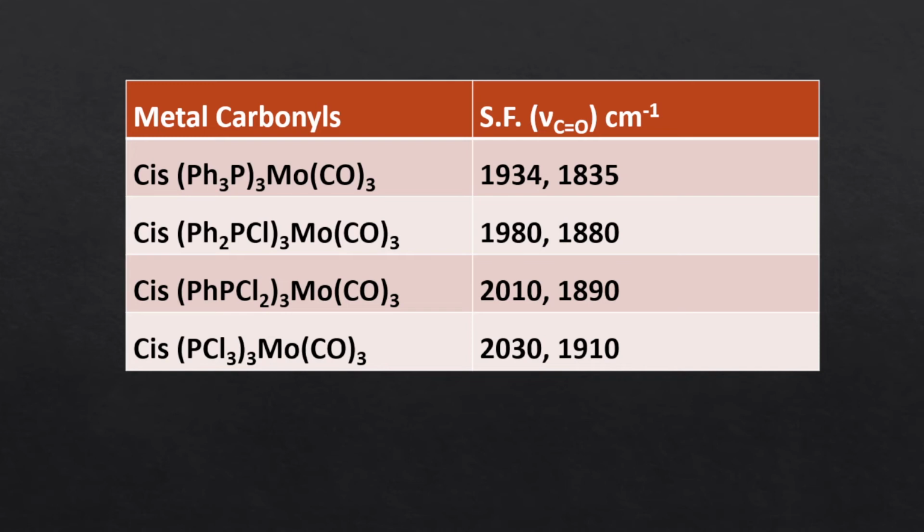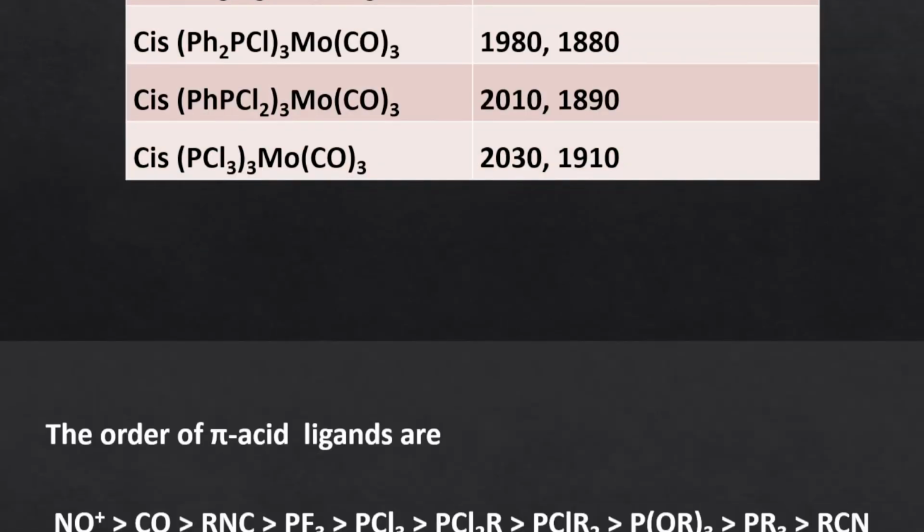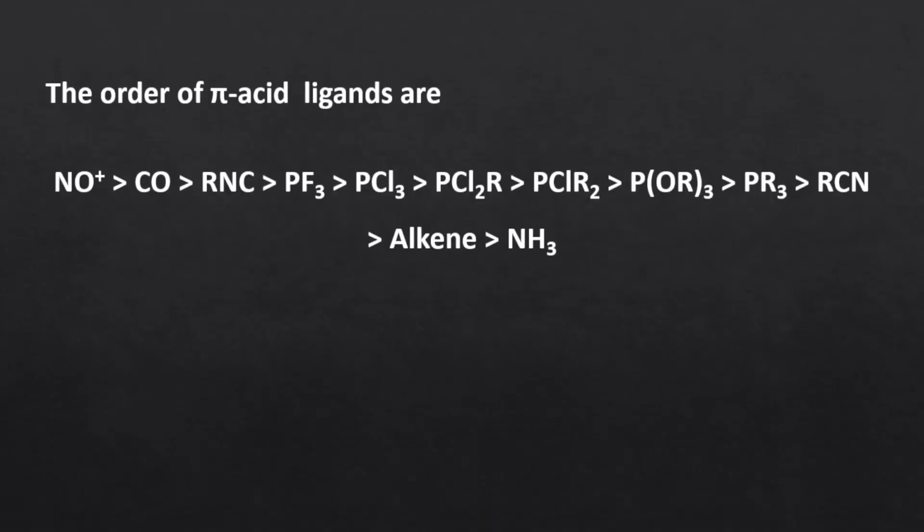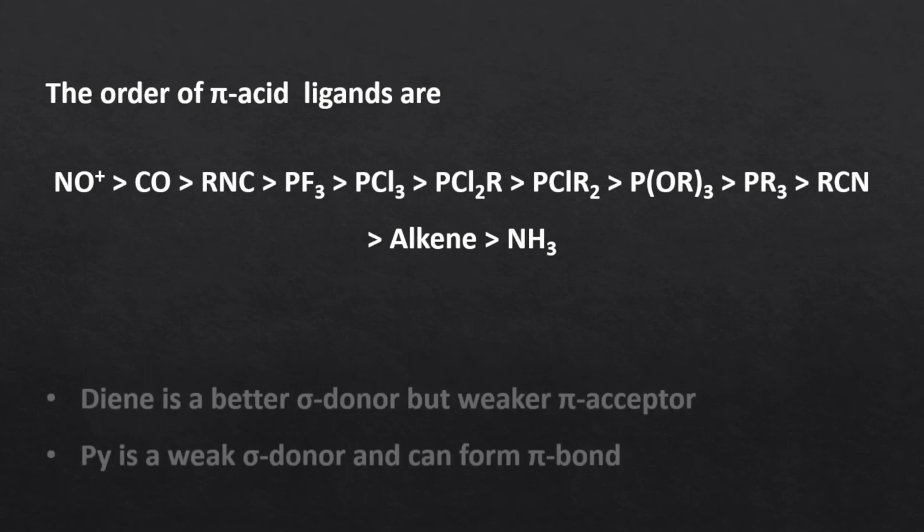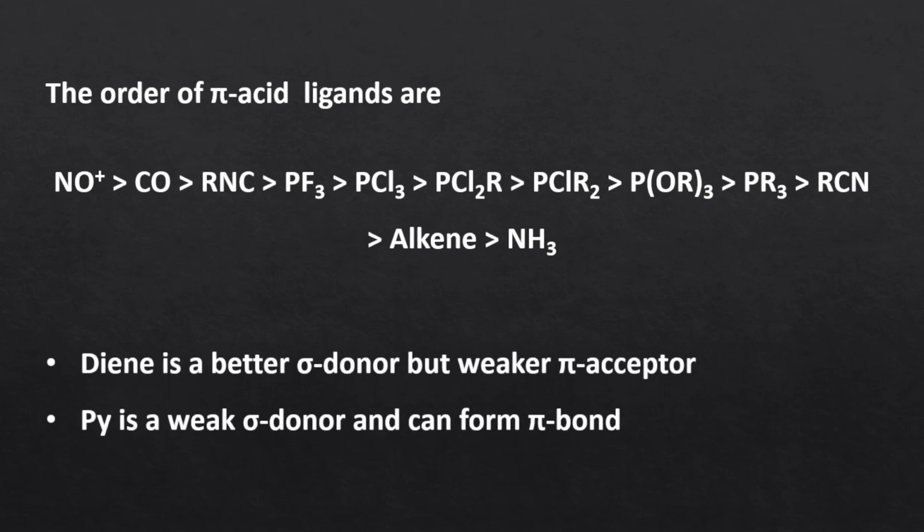Similarly, triphenylphosphine is a weaker pi acid ligand, so we observe the minimum stretching frequency of the carbon-oxygen bond in its complex. Based on the frequency of the carbon-oxygen bond in some complexes, the order of pi acid ligands with decreasing pi acceptor tendency can be proposed. Nitrosyl is the strongest pi acid ligand, even stronger than the carbonyl ligand. Both diene and pyridine are weak pi acid ligands.